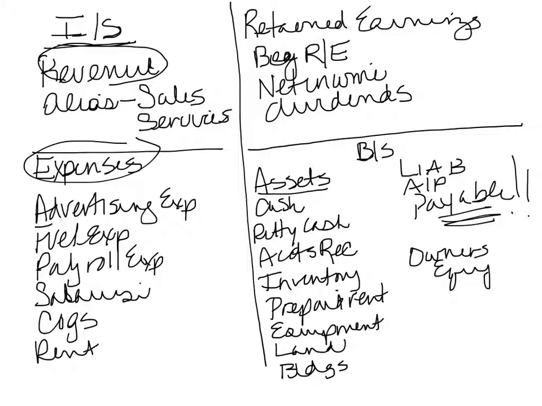Always. Then if we go down under owner's equity, or equity, you'll see stock, retained earnings, dividends, and so forth. And so what goes under here is retained earnings and then common stock, if that's applicable, as we move forward in the beginning building of our financial statements.